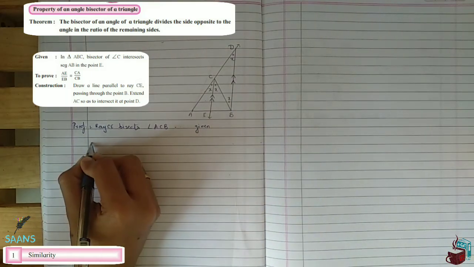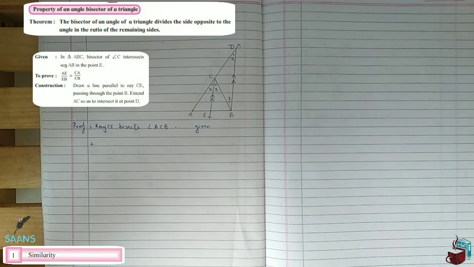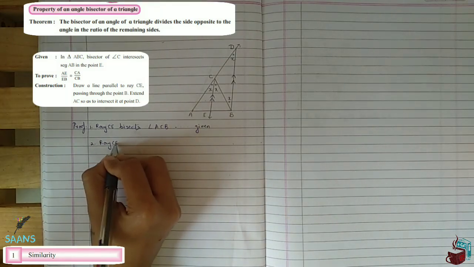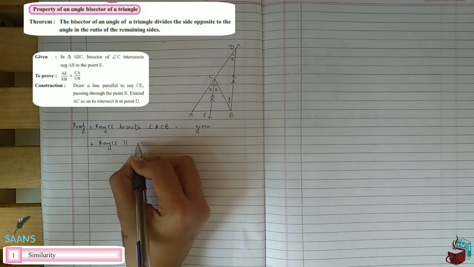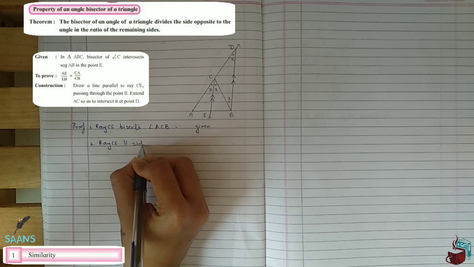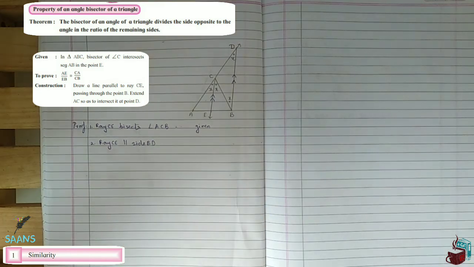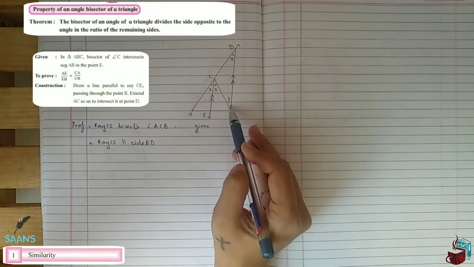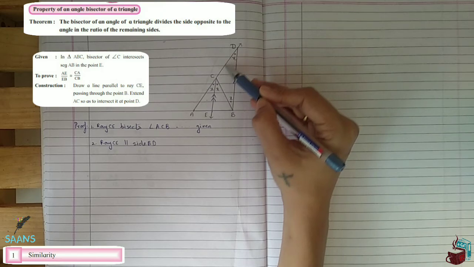Now also what we know is CE is parallel to side BD. This we already know. Ray CE is parallel to side BD and AD is the transversal.